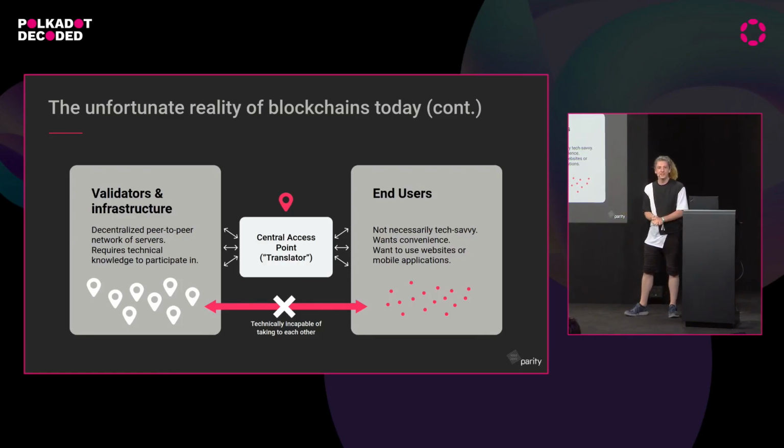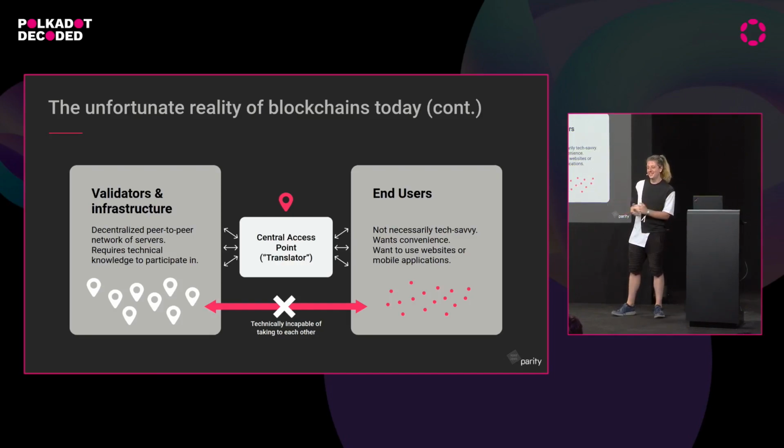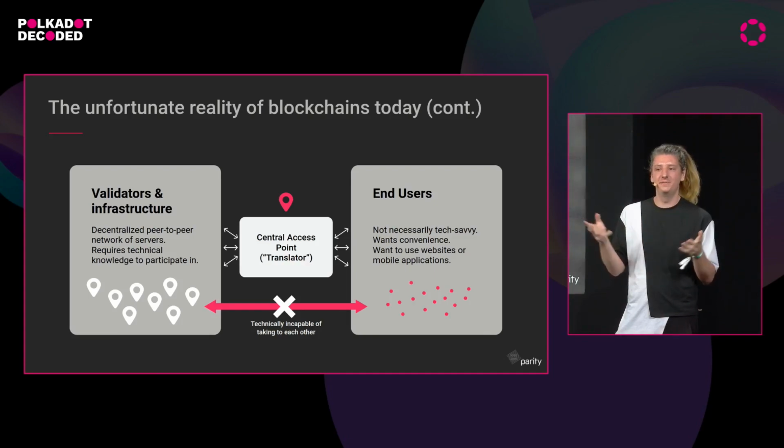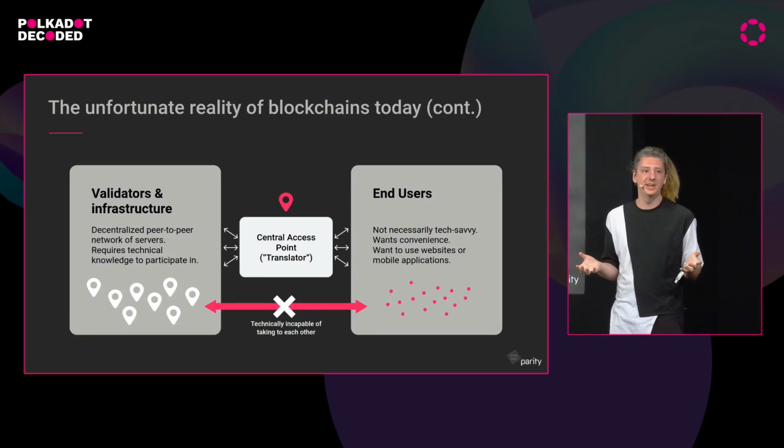So why is it this way? The reason is quite simple. It's just a technical issue. It took us 2 years to fix that, so it's not a small technical issue. It is a technical problem. Simply, the end users and validator nodes cannot talk to each other. So the central access point is a translator.